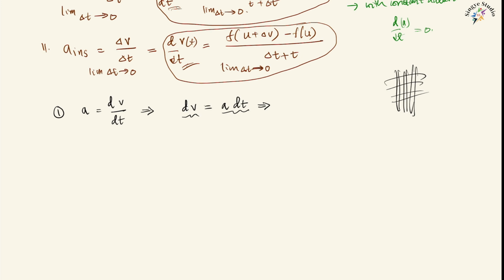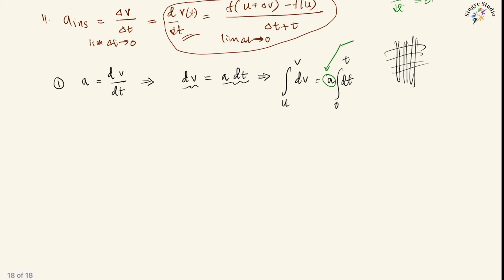So we can take the integral of dv from the initial velocity u to v, equal to a times the integral of dt from 0 to t. Here a is taken as constant, therefore we take it outside.